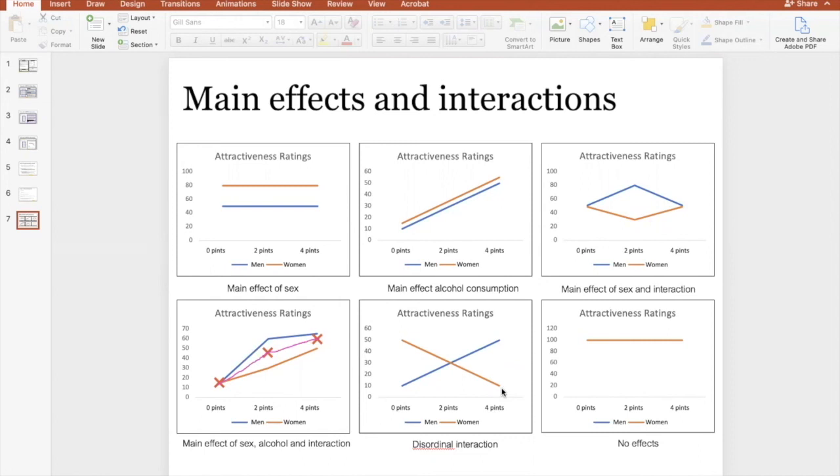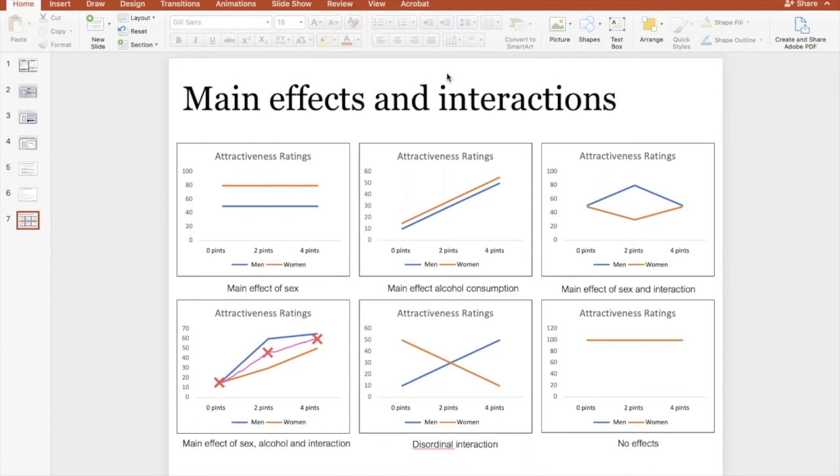All right, so this would be considered a disordinal interaction, and in fact, we don't even have a main effect of sex or pints. So if you were to just look at the main effects of sex and pints, you might say that there's actually no effect of either. But in fact, we have a very strong effect, a very strong interaction.